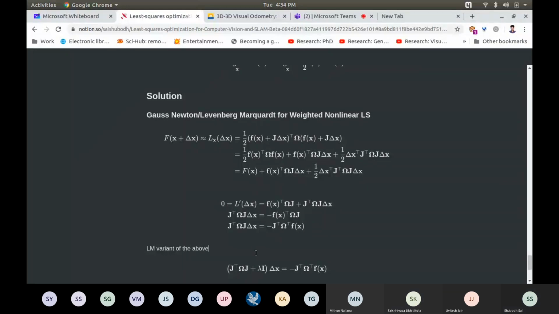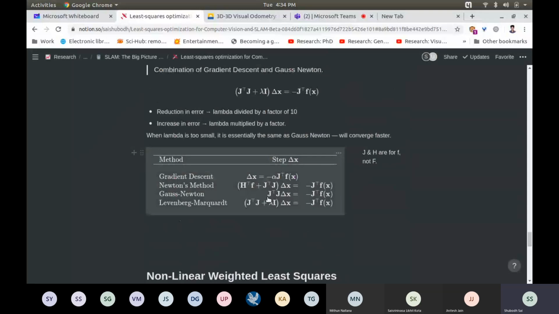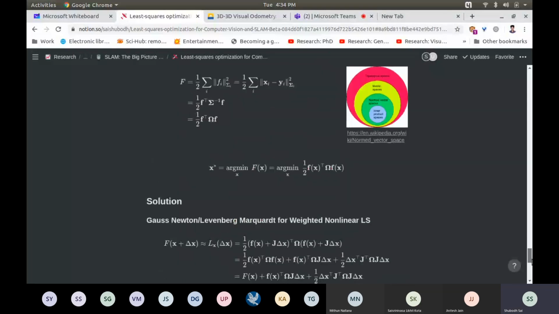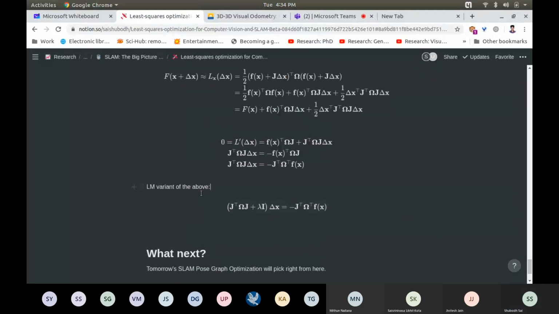Previously that's what we did for LM, right? Wherever you ended up at in Gauss-Newton, J transpose J, we just added lambda I and called it the LM algorithm. That is what we're doing here also, just adding that gradient descent factor. Okay, I thought it was part of the derivation, so I got confused. No, that's okay.